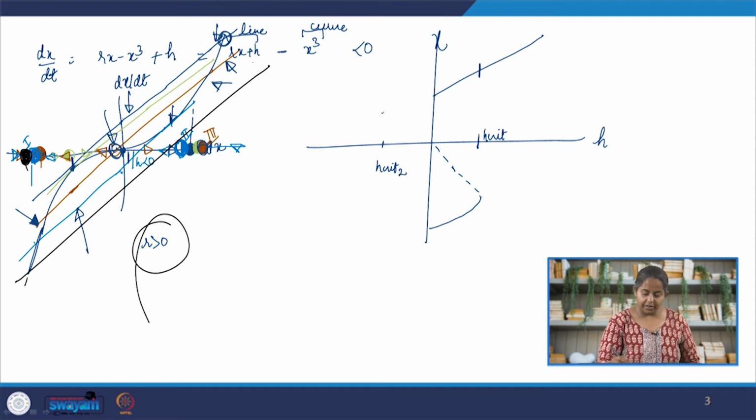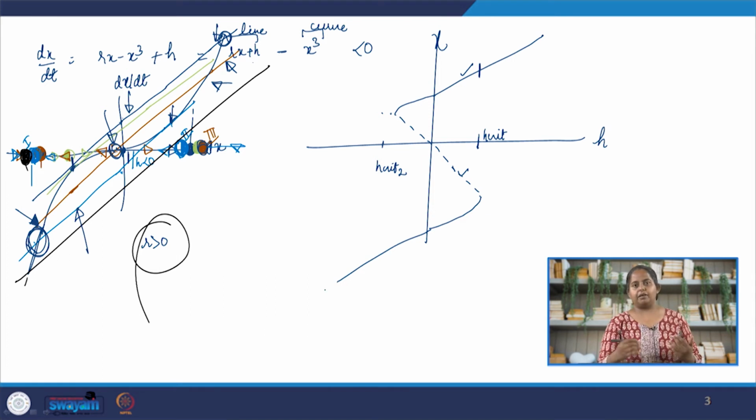These two fixed points will merge together. And the smallest fixed point will keep getting smaller slowly, but will remain stable.